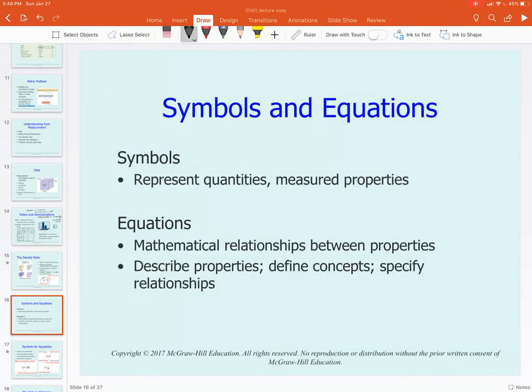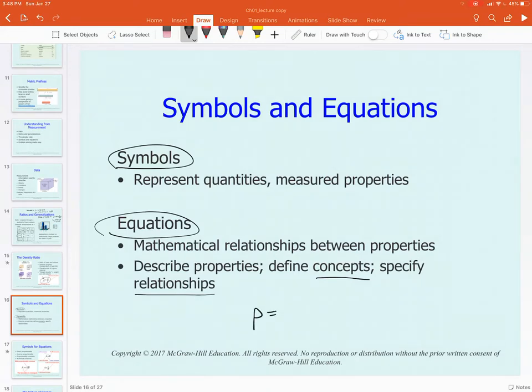All right, now we're looking at symbols and equations. I've talked about symbols, like for instance, with density. You need to be familiar with that symbol rho, and you need to know that it means density. Equations might have some of these symbols in them, and they describe properties and concepts, and show relationships between things.